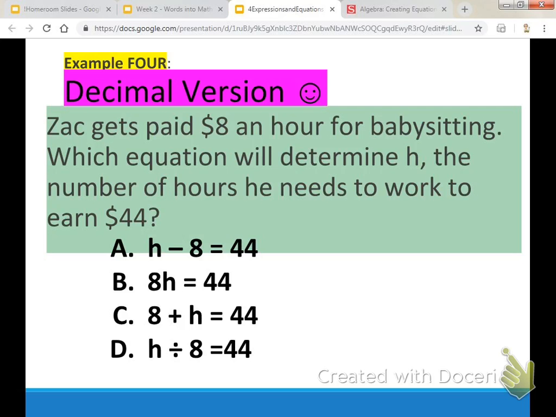So how would you figure out how many hours it's going to take? Multiply. What are you going to multiply? 8 times the number of hours. Very good. Okay?